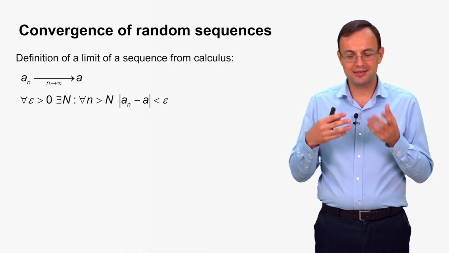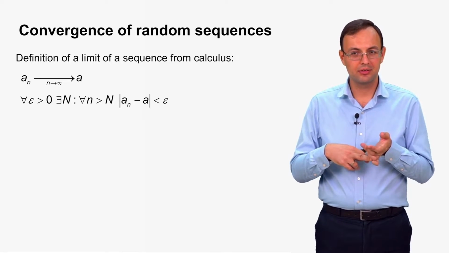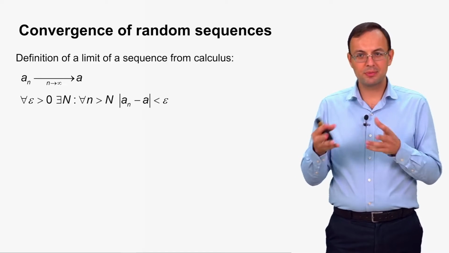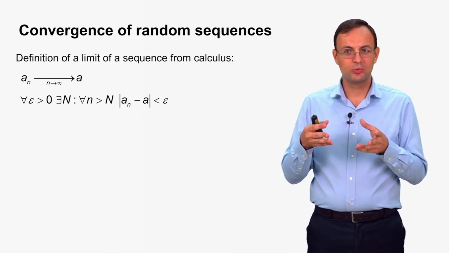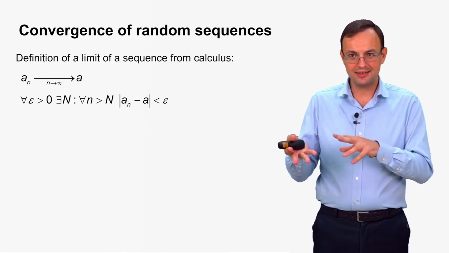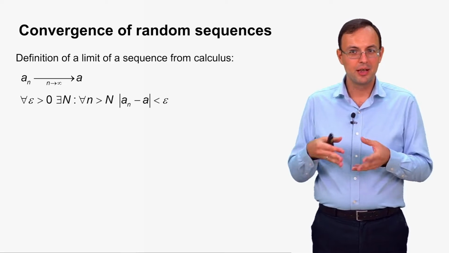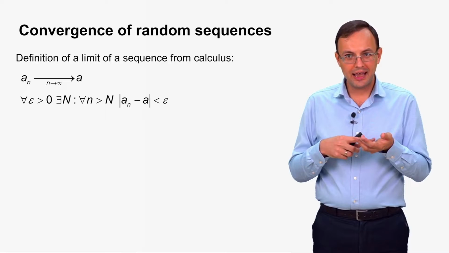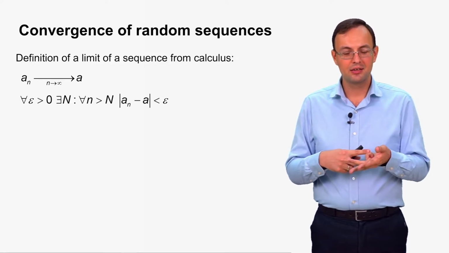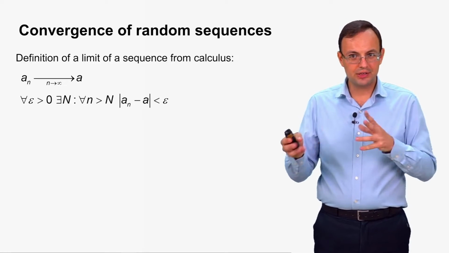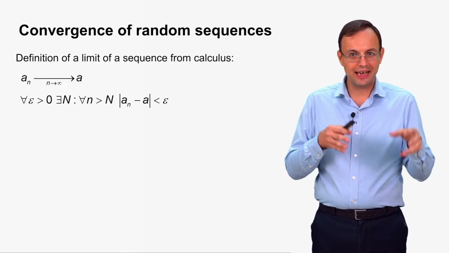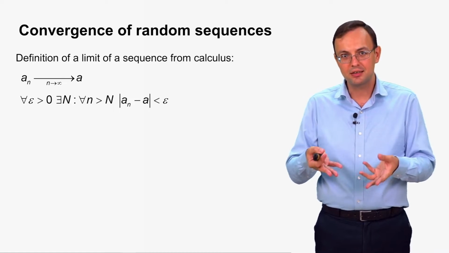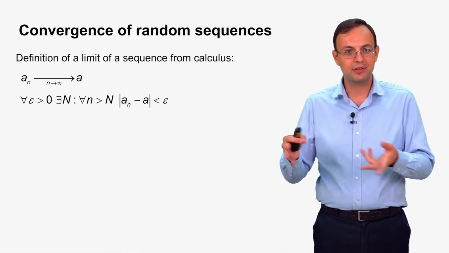As a_n is a random variable and a is also a random variable, it is impossible to say whether their difference is less than epsilon or more than epsilon, because it depends on the outcome of the experiment. Both a_n and a can take different values, and their particular value depends on the outcome of the experiment. Each time the experiment is done, a_n and a take different values.